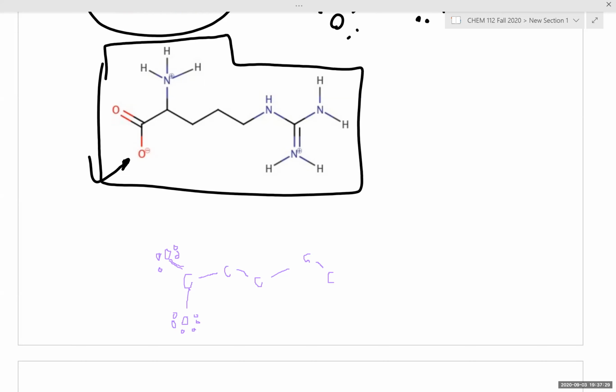So we've correctly noted that this anionic oxygen has 3 lone pairs and 1 bond. That's very good.